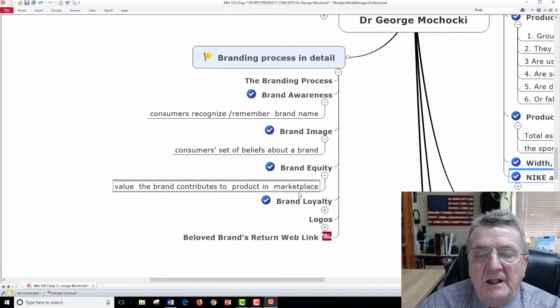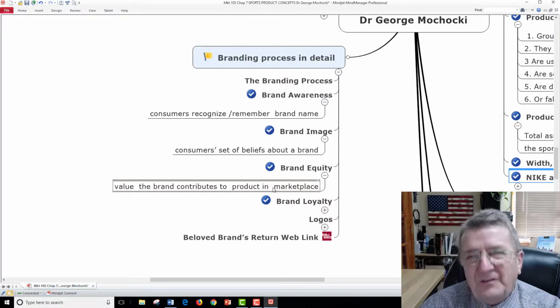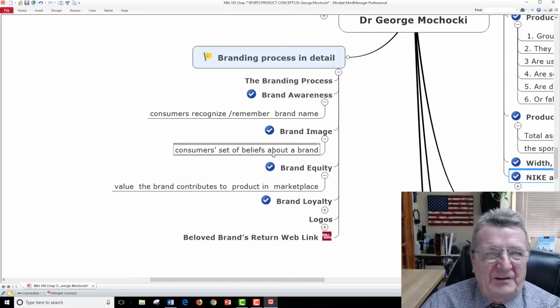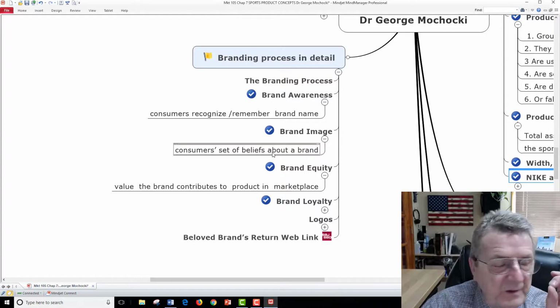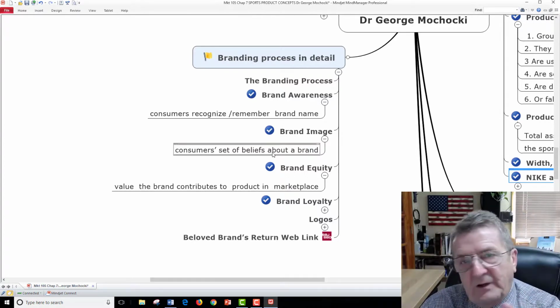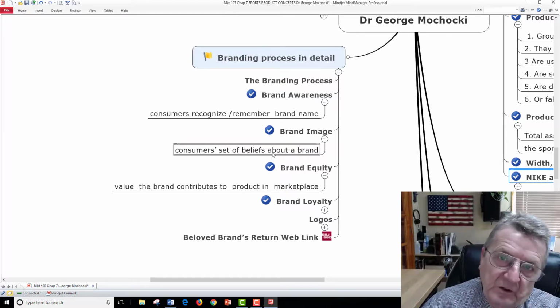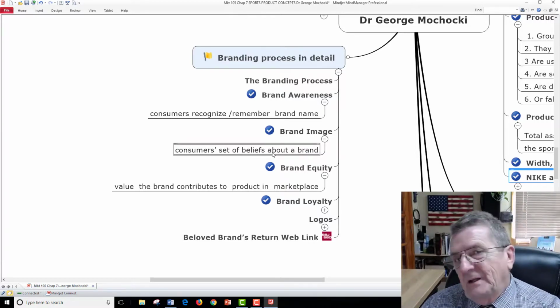Okay, now brand equity is the value the brand contributes to the product. If your brand gets tarnished, let's see, I'll just talk about it real quickly with the NFL because they're real easy to talk about. There's a lot of stuff about them, and I'm doing domestic violence. Now they're saying everyone that's playing football is involved. Remember, people just associate that with everyone, and it could be just one bad apple, one player that hurts the brand. You have to take action and either punish or eliminate that person.